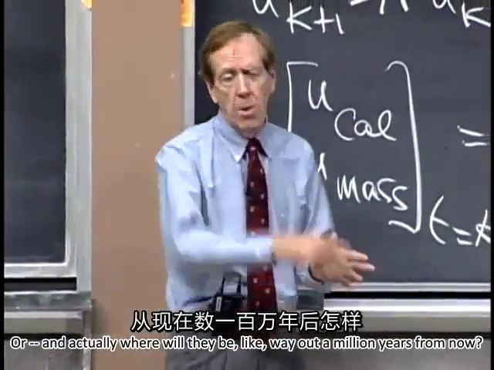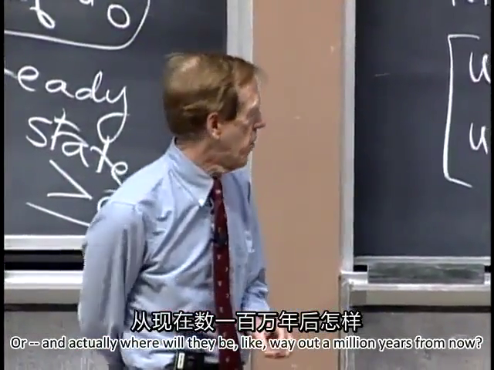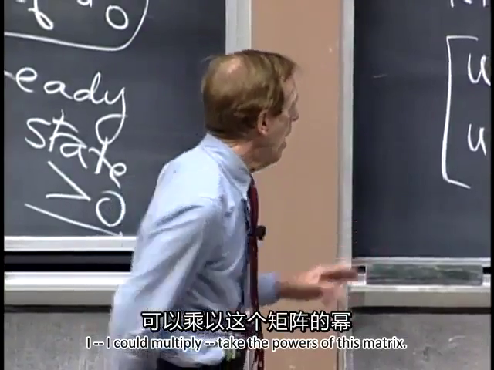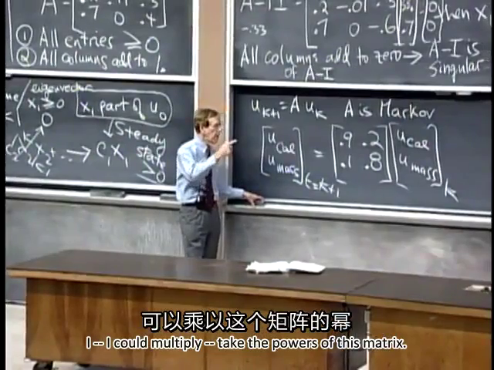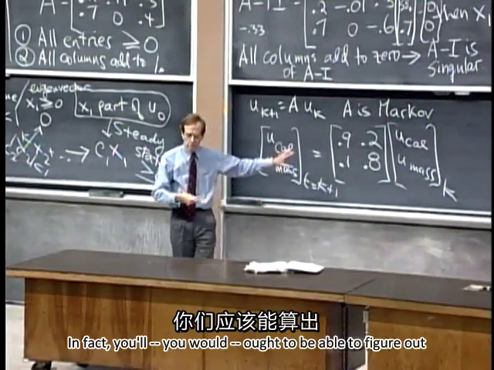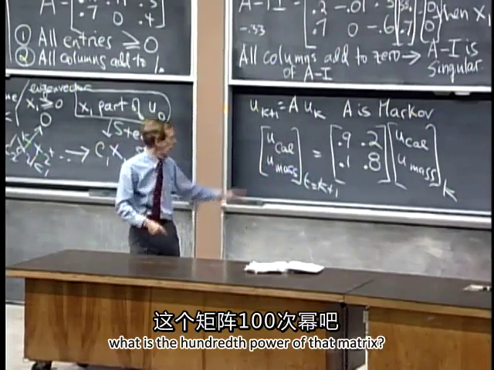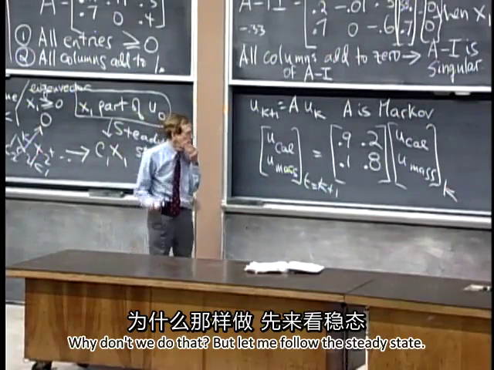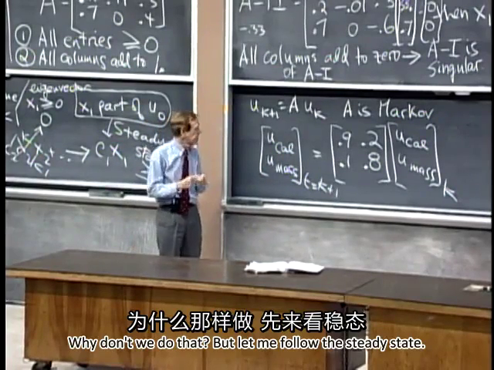Or actually, where will they be, like, way out 1 million years from now? I could multiply, take the powers of this matrix. In fact, you ought to be able to figure out what is the 100th power of that matrix. Why don't we do that? But let me follow the steady state.